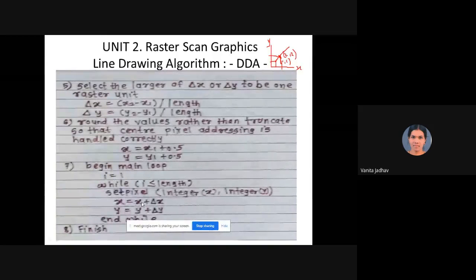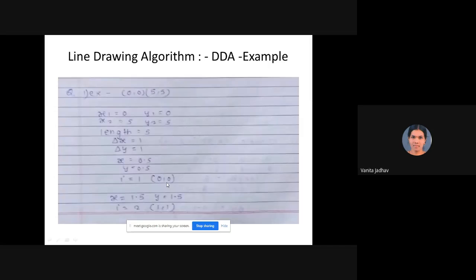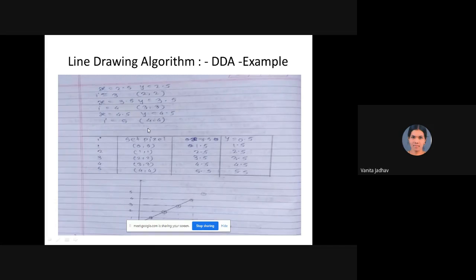Now x becomes 4.5 plus 1, that is 5.5, and y becomes 5.5 again. Now the values of x and y are 5.5, 5.5, and while I am trying to end the while loop, it increments I, and I becomes 6. So 6 less than or equal to 5, the condition is false. So that's why I am unable to draw the last pixel.